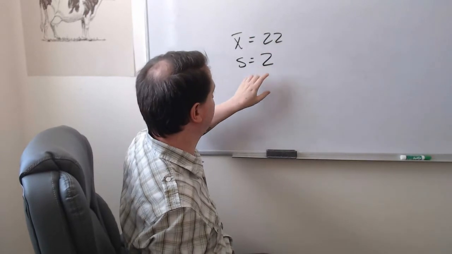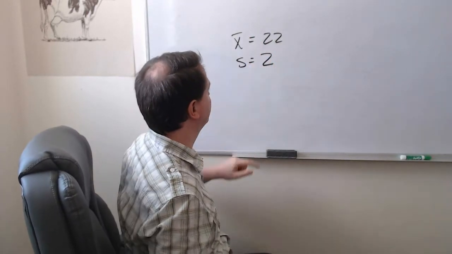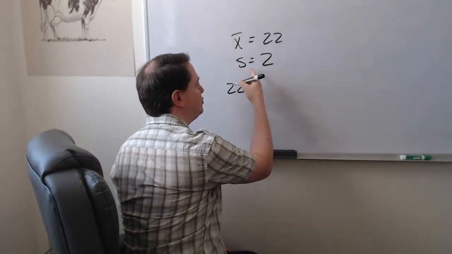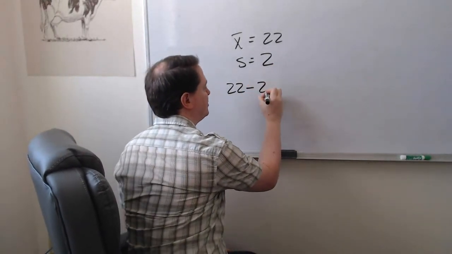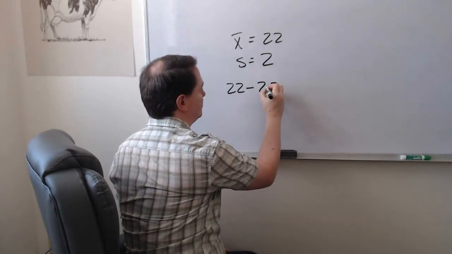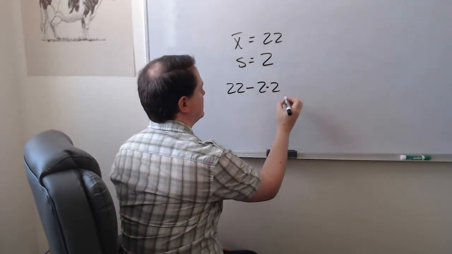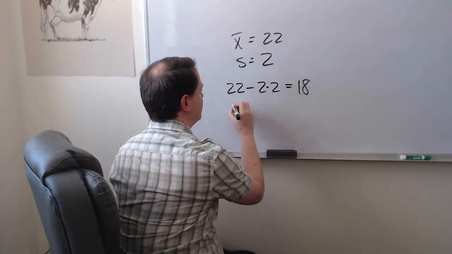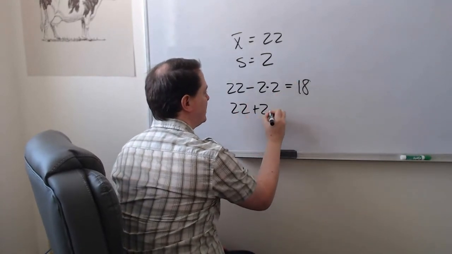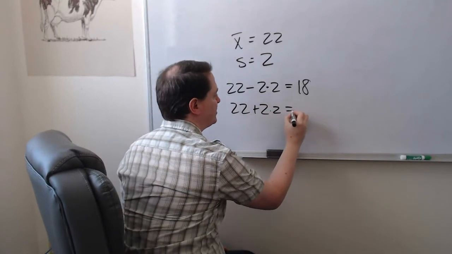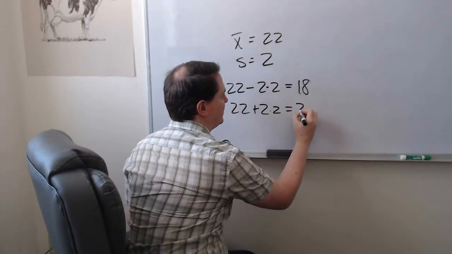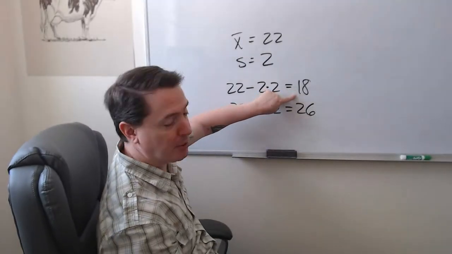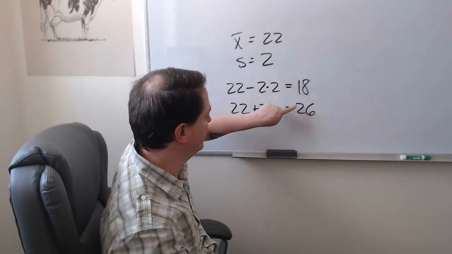Almost all of it's going to be within 3. So what do I mean when I say that? Well, let me take this 22 and subtract off 2 standard deviations. So 2 times 2, where 2 was my standard deviation. That gets me 22 minus 4 is 18. And then 22 plus that same 2 standard deviations gets me 26. So I'm making the claim that the majority of the observations were between 18 and 26.